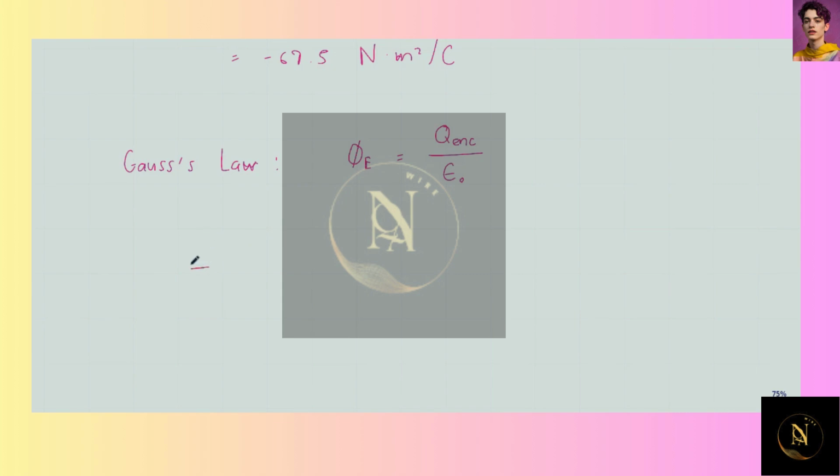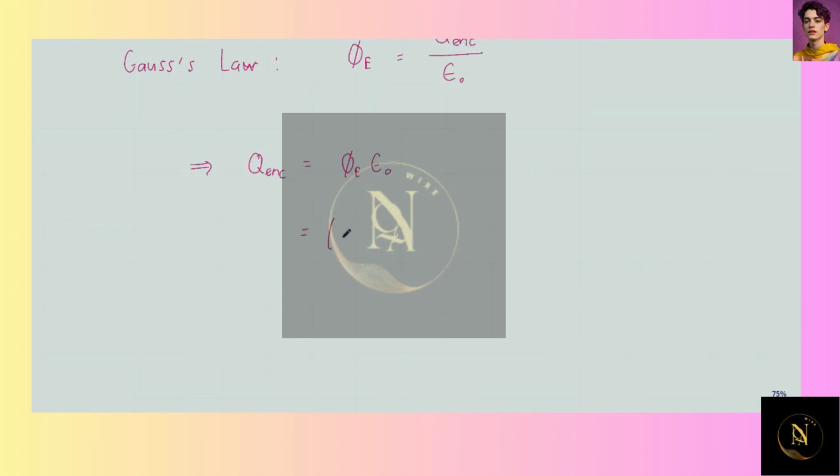Now Gauss's law says that the electric flux phi is equal to the enclosed charge over epsilon naught. And so therefore, the value for the enclosed charge which we wish to calculate is equal to the electric flux times epsilon naught.